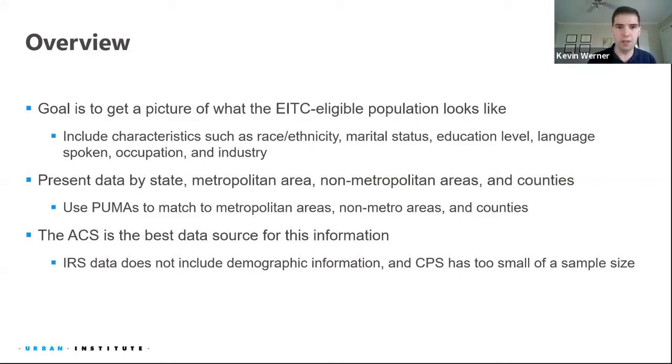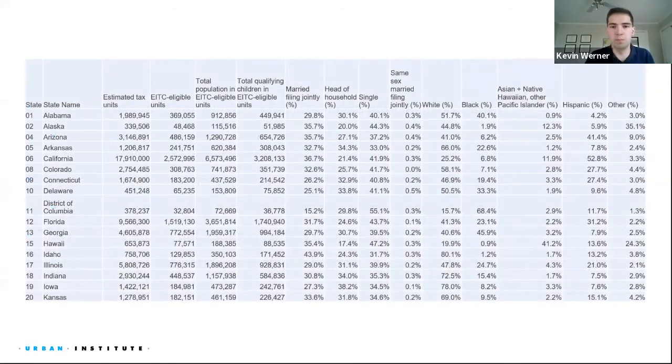And so this is just a small slice of what our data looks like. This shows the state data. So you can see, for instance, the first row, Alabama, we estimate about 2 million tax filing units, and of those, about 370,000 are eligible for the earned income tax credit.